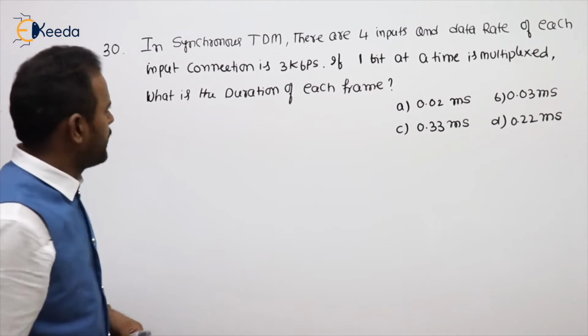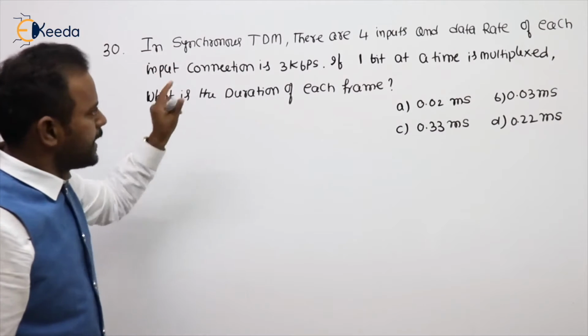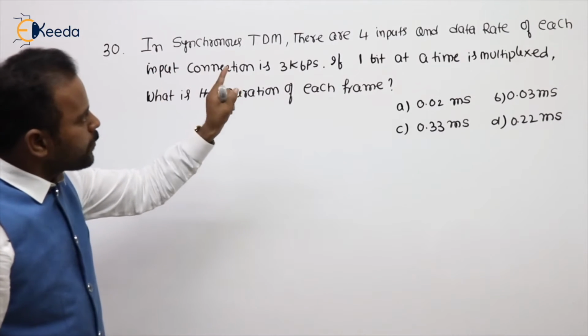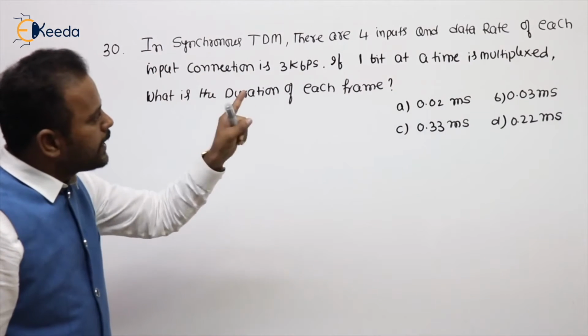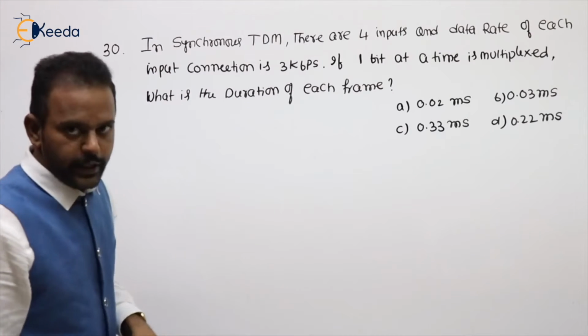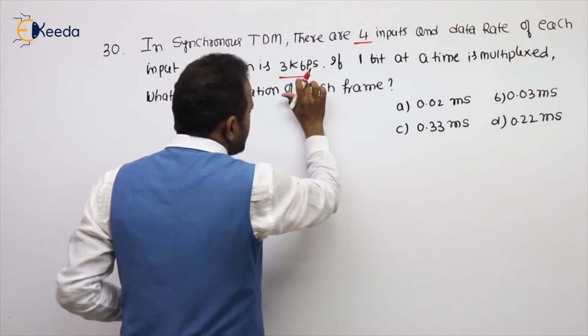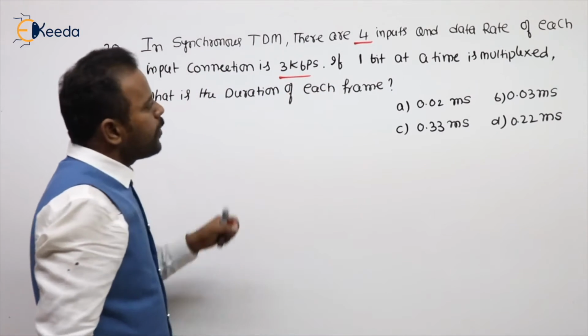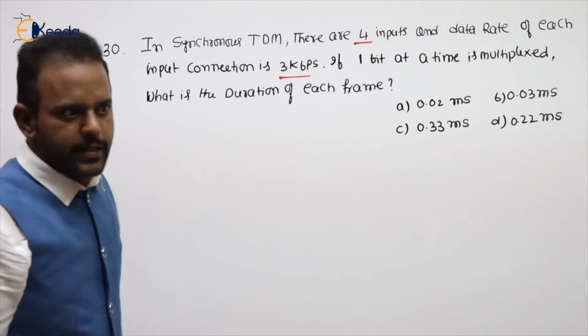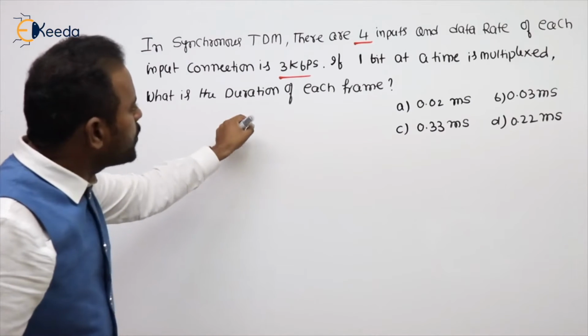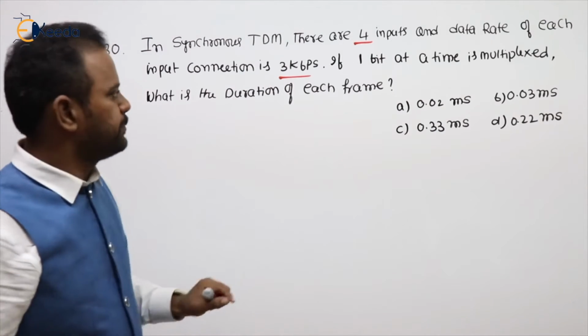See the next problem. In synchronous TDM, there are 4 inputs and the data rate of each input is given as 3K. There are 4 inputs, each is 3K. If 1 bit at a time is multiplexed, what is the duration of each frame?